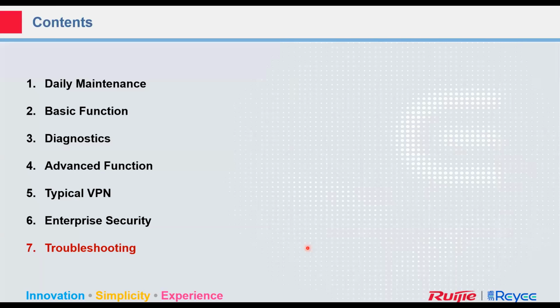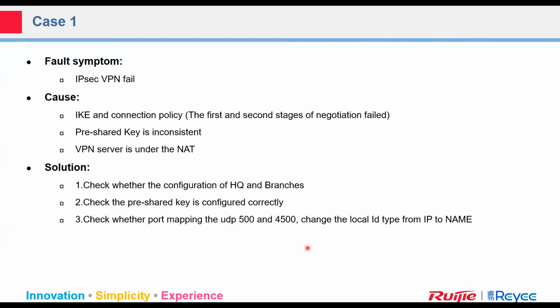So last is our troubleshooting segment. First of all, what should we do if the IPsec VPN fails? Usually the cause is the IKE and the connection policy.